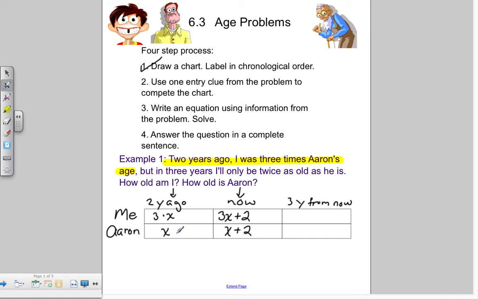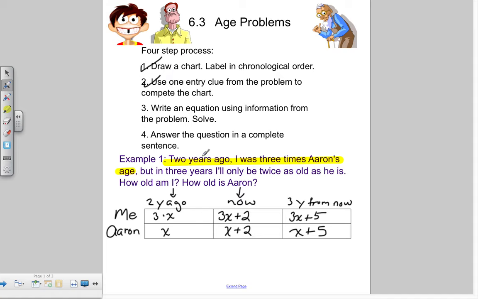It's just adding 2 to whatever you had there. 3 years from now, well, that's going to be 3 more. So you have 3x plus 2 plus 3 more. That's going to give me 3x plus 5. And down below here is going to give me x plus 2 plus 3 more, which is x plus 5. So that's how you're going to start this problem. That's how you complete the chart.